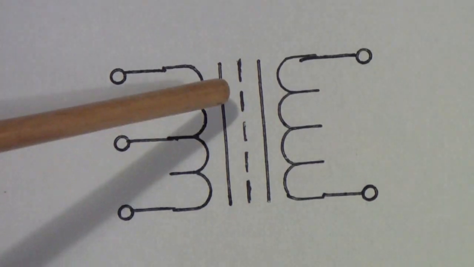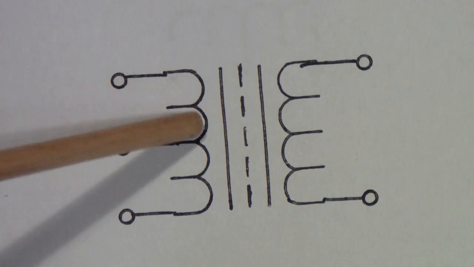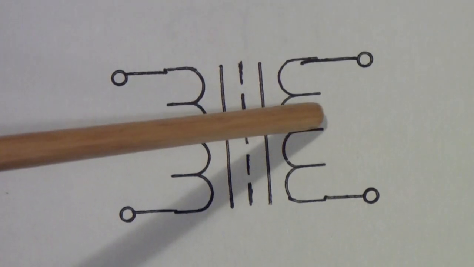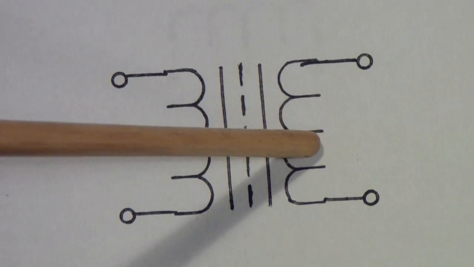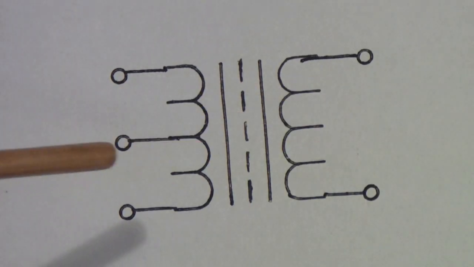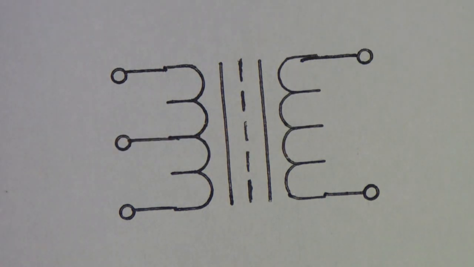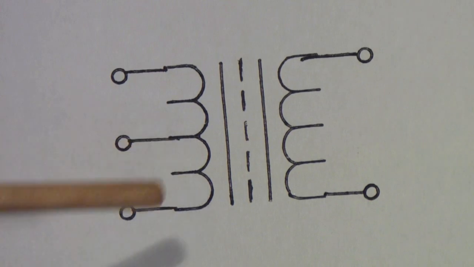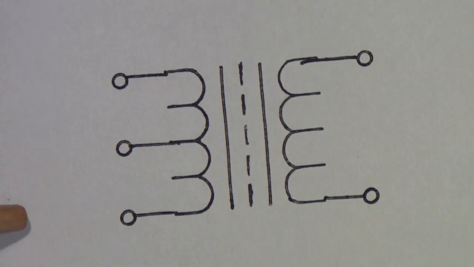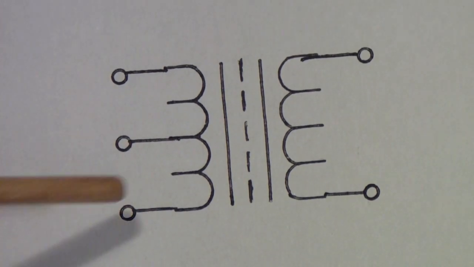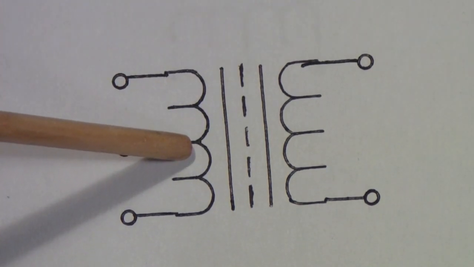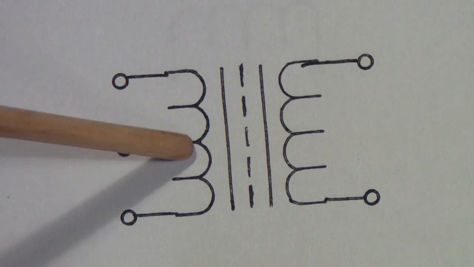There is some of the power that is put into the primary that doesn't wind up in the secondary. The difference between that is called leakage, and you can model that by putting an inductor in series that is equivalent to the leakage, in other words, the inefficiency of the transformer. I'll show you how we measure that in just a second, but let's look next at how we would model it first.